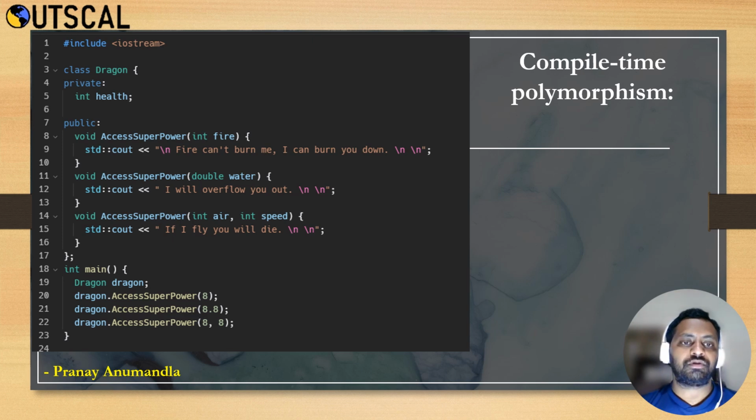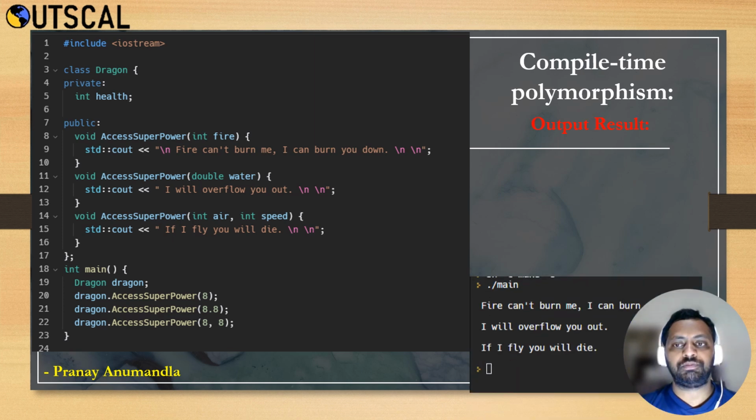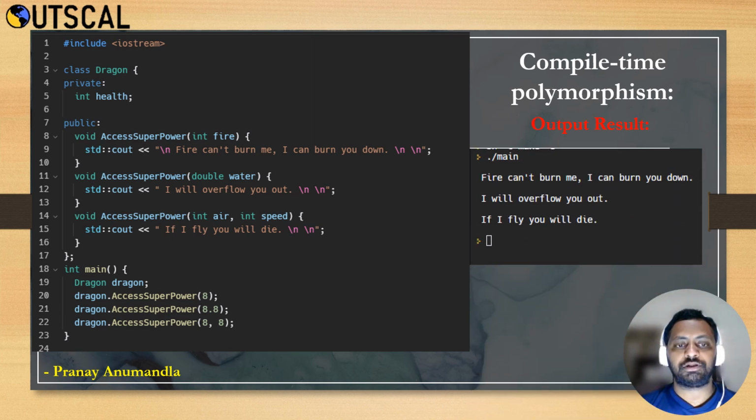The arguments are int, double, and int. I pass two arguments here. Based on the arguments, it will call the function. This is compile time polymorphism. If we run, the output will be like this. Based on the input arguments, it will call the respective function.